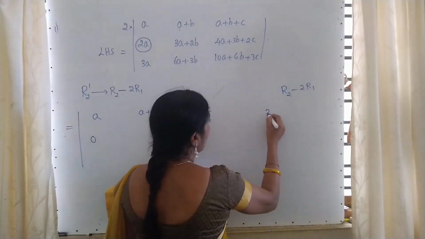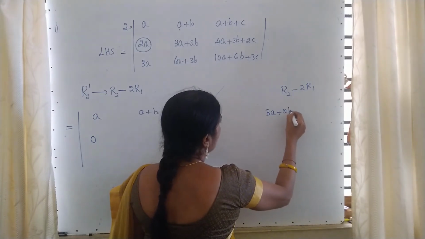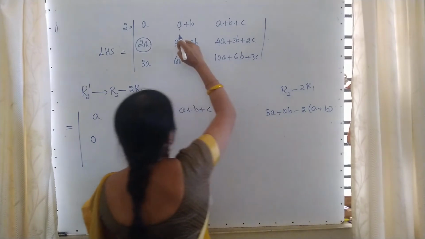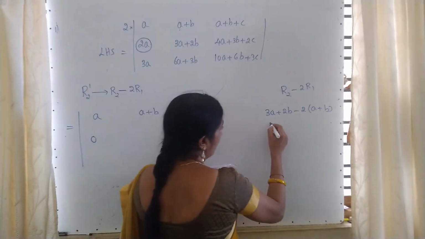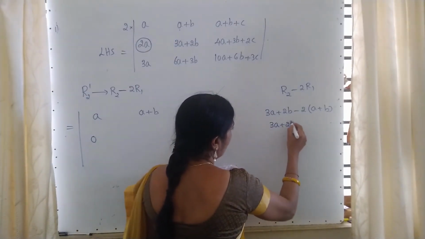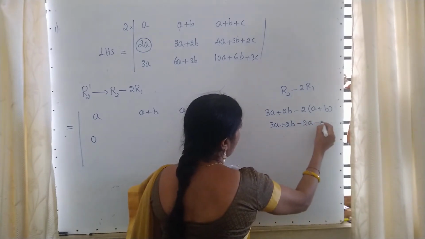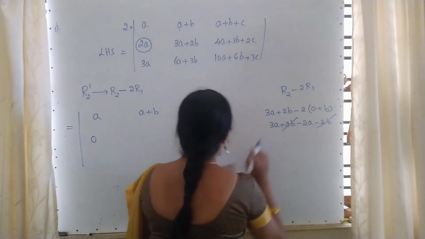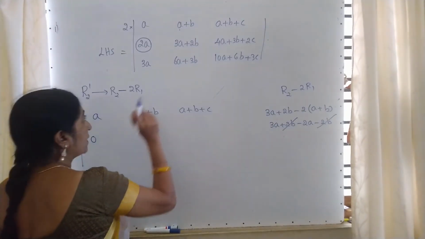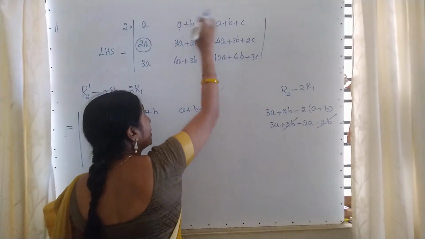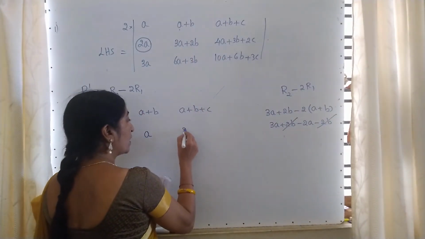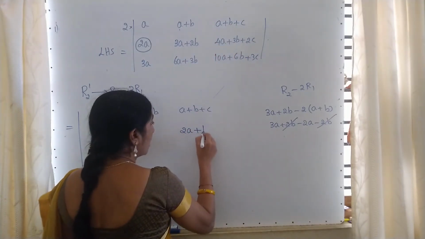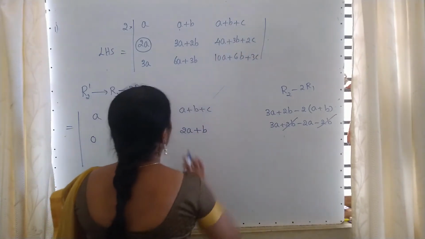What is R2? 3A plus 2B minus 2 into its corresponding element above. Remove the bracket: 3A plus 2B minus 2A minus 2B. Minus 2B plus 2B cancel, and 3A minus 2A is A. Like that, this minus 2 into this: 4A minus 2A is 2A, 3B minus 2B is B, and 2C minus 2C is 0.